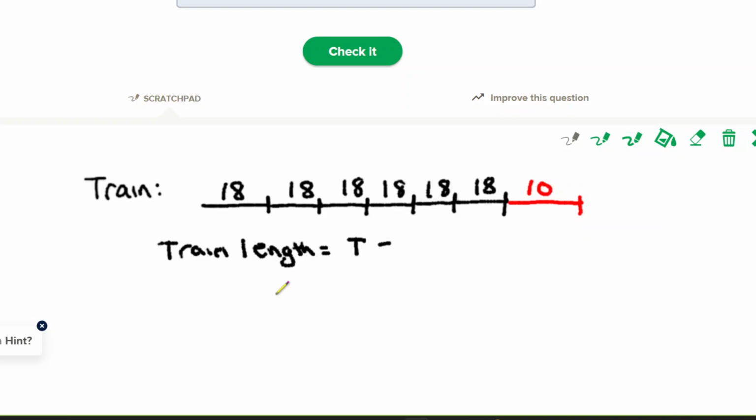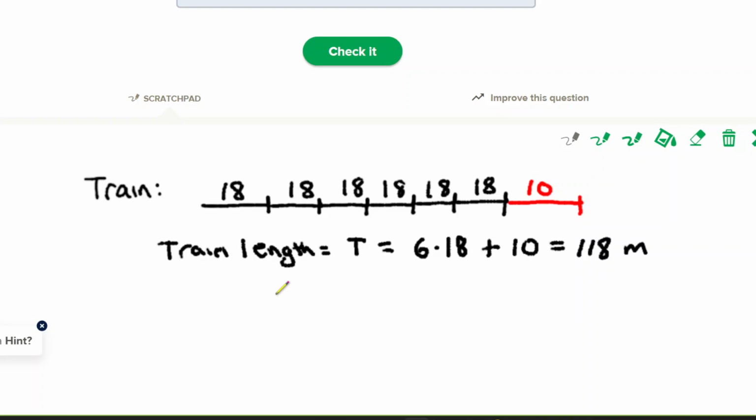Capital T will represent the train length in meters, and it is 6 times 18. There are 6 cars, each with a length of 18 meters, plus the length of the caboose, which is 10. 6 times 18 is 60 plus 48, that's 108, plus 10, so this is 118 meters, the length of this train.